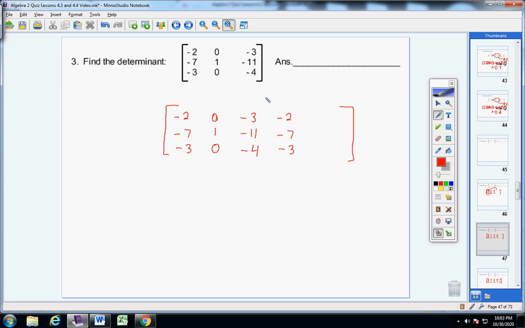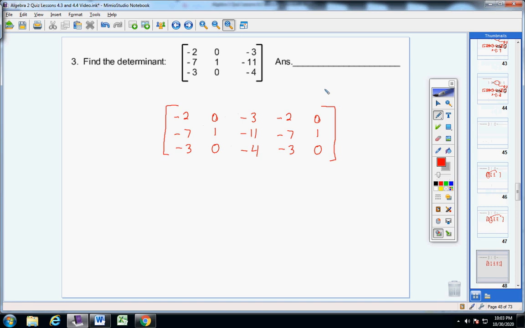Then you have to pick up this column and copy it here, and then multiply up. You have to change the sign, so you get positive 9, change the sign to a negative 9, then multiply up here, and you get 0, multiply up here, and you get 0.